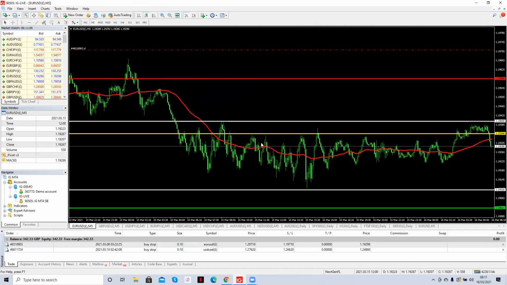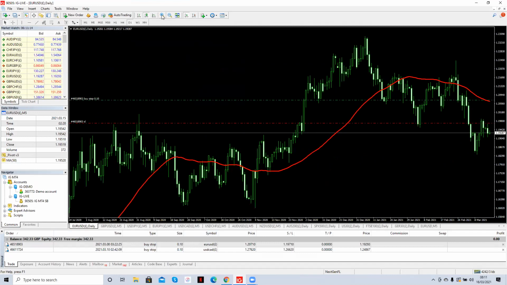So let's have a look at the charts, starting with the swing trading. I'll start with the Euro US dollar. So I'll go to the daily time frame. We can see the market is currently falling. Put your cursor on the candlestick for today, and the moving average 50 is 1.2065.